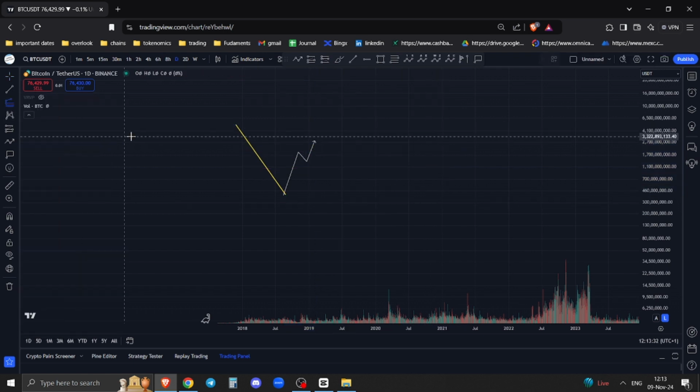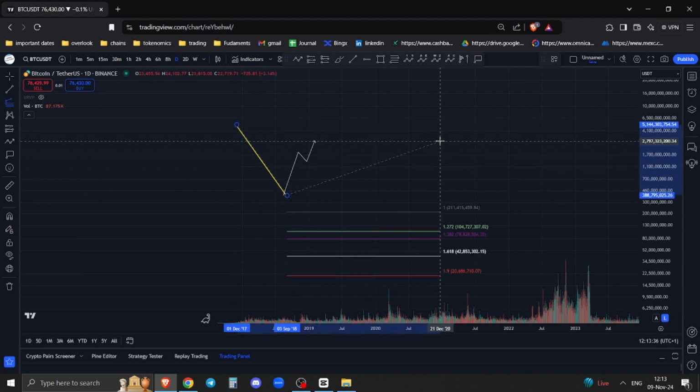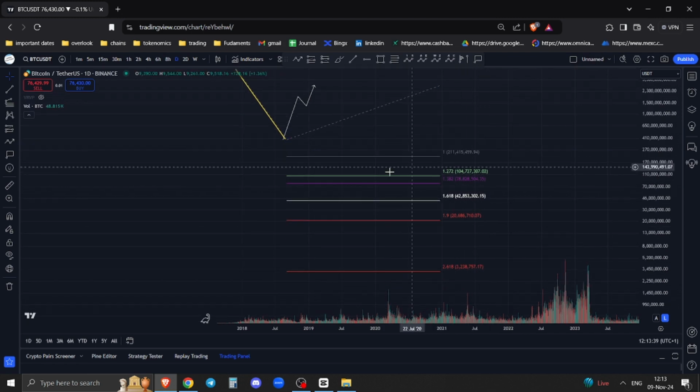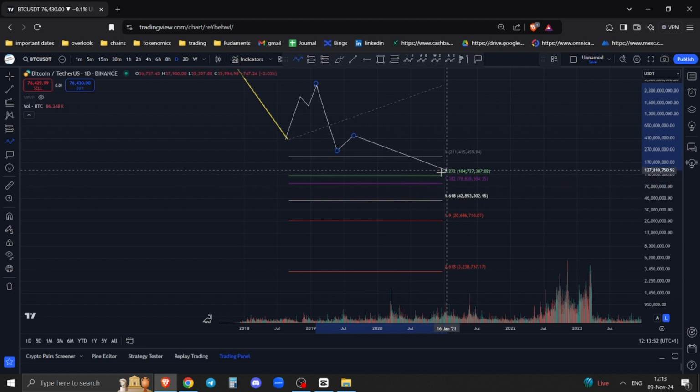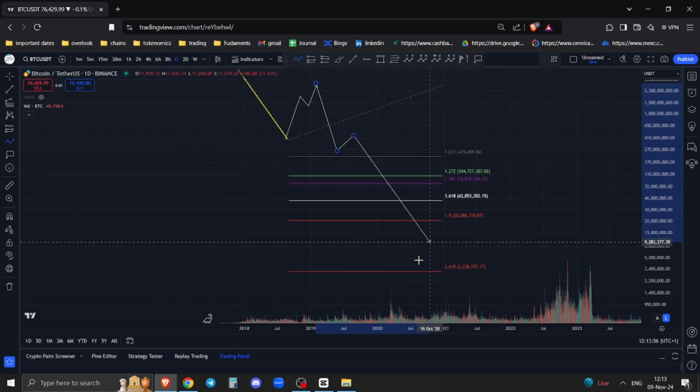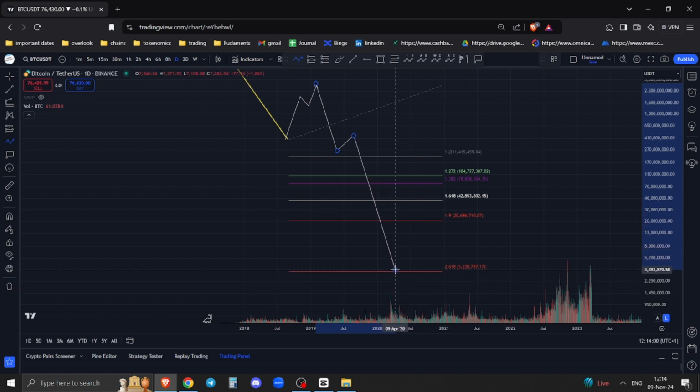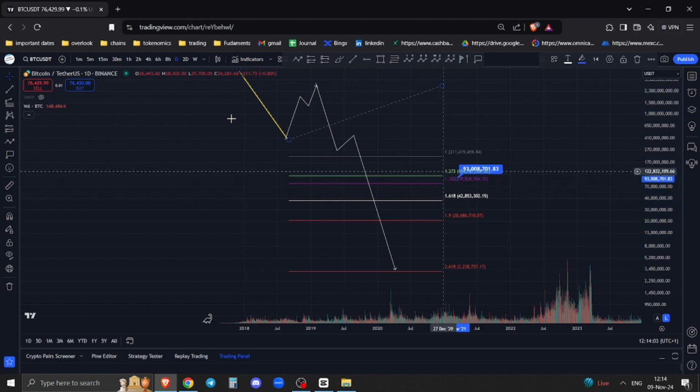You take the trend-based Fibonacci extension, high to low to the retrace, and again we can see where it can go. Let's say the first order is 1.382, the second 1.618, and the third 2.618. First order over there.